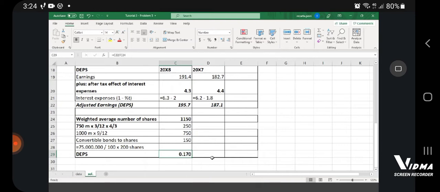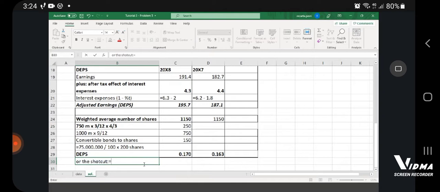What we do for the previous year? Well, either I will take the adjusted earnings and I will restate the amount of the weighted average number of shares and calculate the restated amount, like the division of both, or the shortcut, as we call that. The shortcut is the short way that we take.